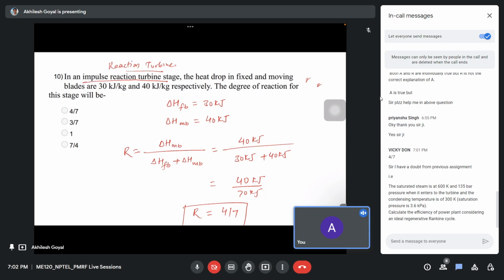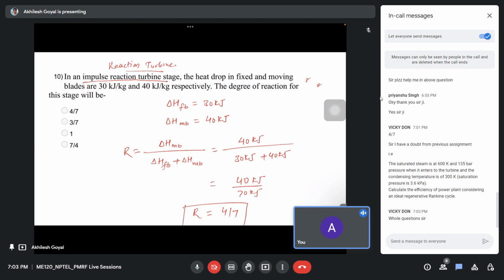So Vicky, what is the doubt in this question? Do you have any specific doubt at a specific stage, or is the whole question the doubt? You can unmute yourself and ask.